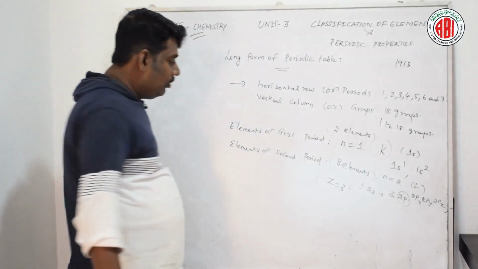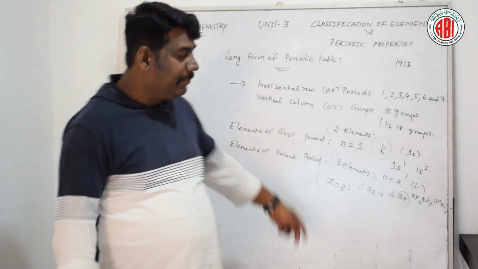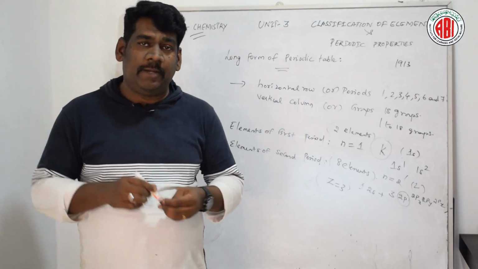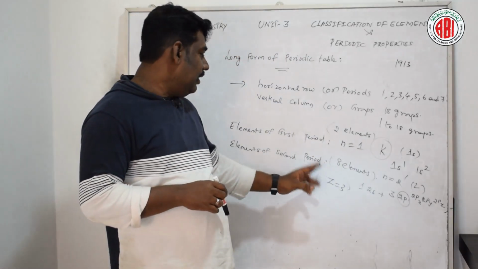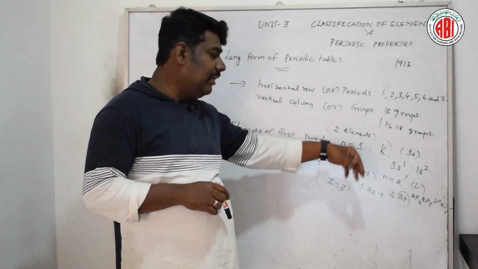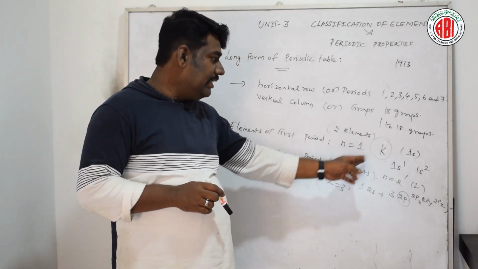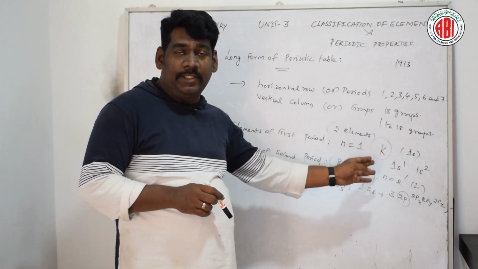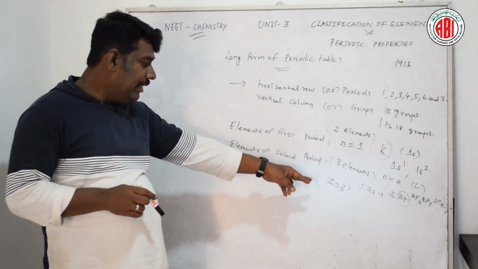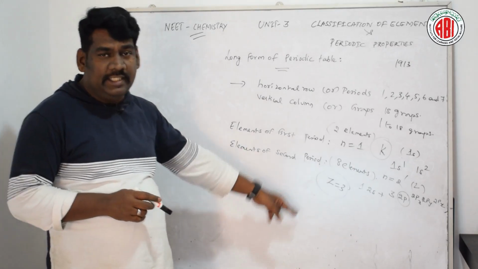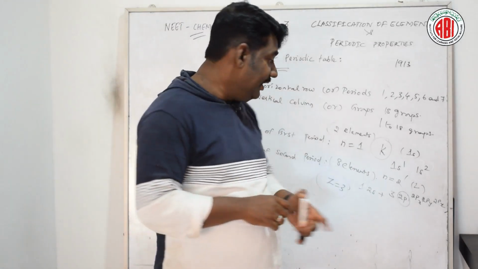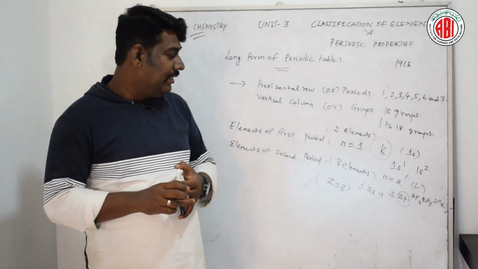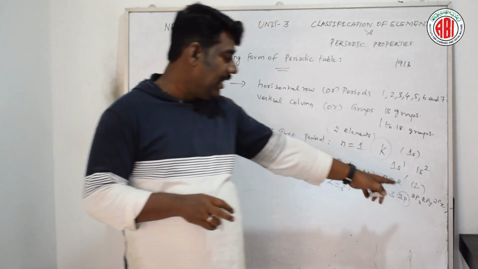Okay, so the elements present in the second period are 8 elements, and they start from atomic number 3, because the elements of first period that we already discussed, hydrogen and helium, have atomic numbers 1 and 2 respectively, followed by atomic number 3, that is lithium, which starts the elements present in the second period, where the energy level is considered as L.